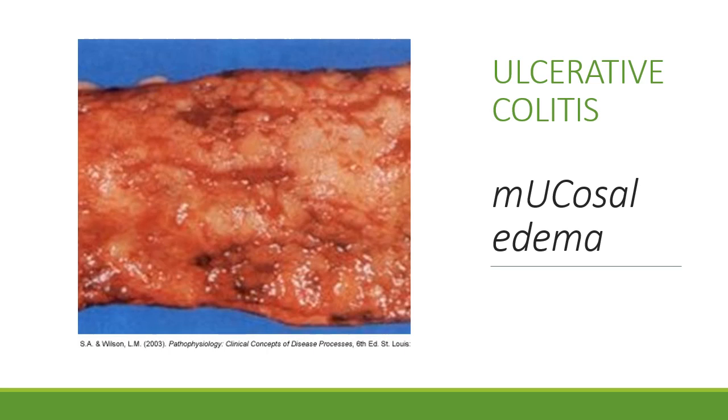It's a two-step procedure, so they first create this collection pouch, and then they later reattach that to the intestines and the anus. So they basically take out the entire colon, and then they create that pouch with the ileum to collect stool.